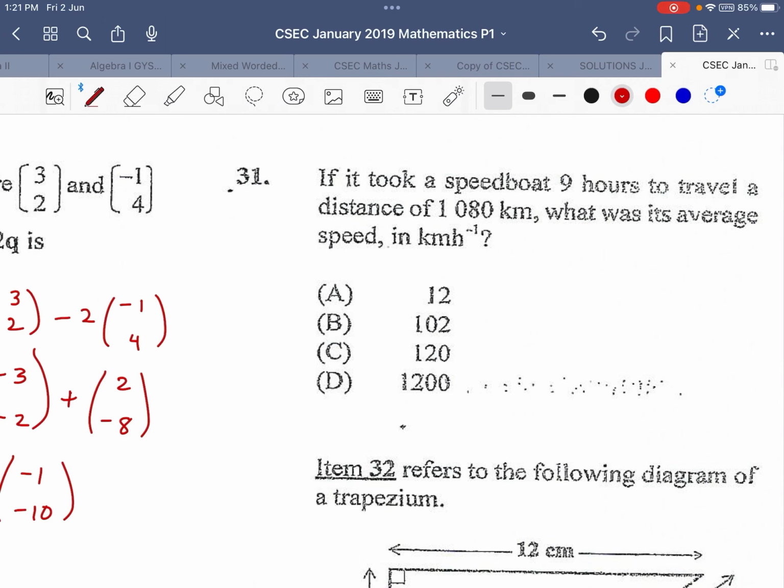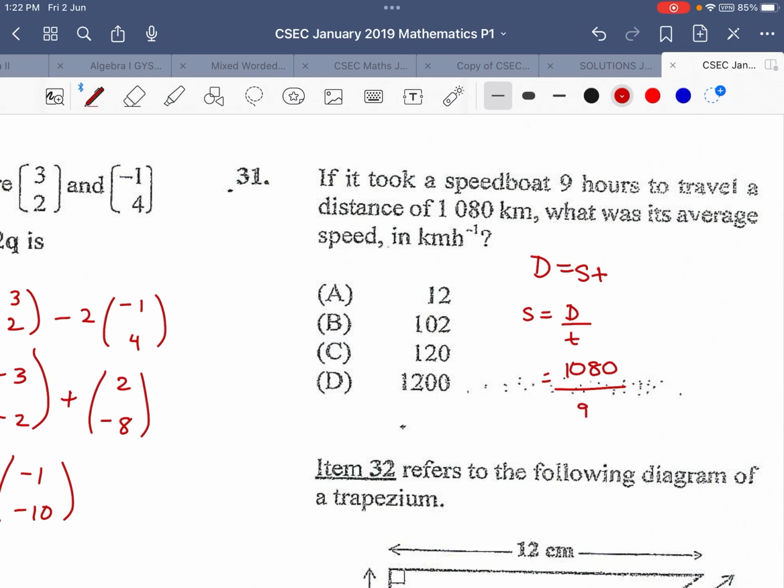Number 31, if it took a speedboat 9 hours to travel a distance of 1,080 kilometers, what was its average speed in kmph? So distance is equal to speed times time. So speed should be distance over time. And the distance was 1,080.